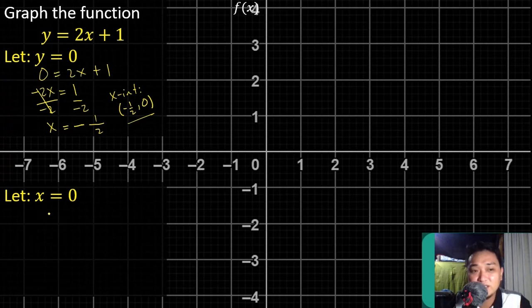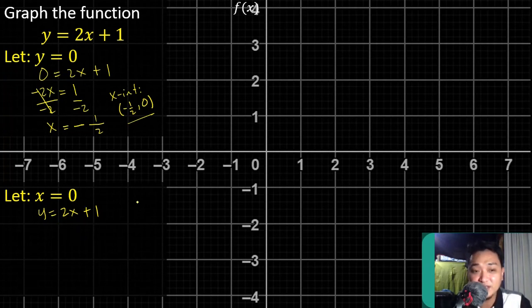Now, let us do the y-intercept. For y is equivalent to 2x plus 1. Immediately, kahit i-cancel na lang natin to, di ba? Ang titingnan na lang natin ito kasi y-intercept naman.